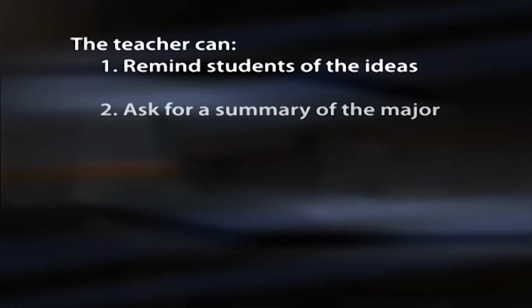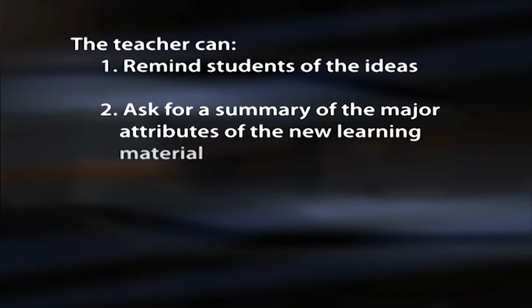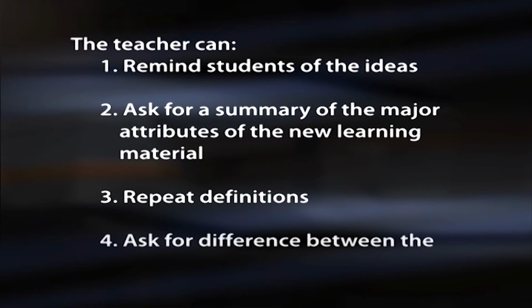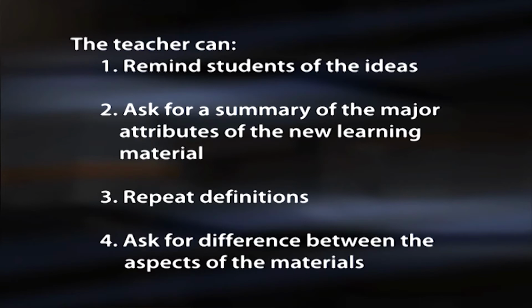The teacher can remind students of the ideas, ask for a summary of the major attributes of the new learning material, repeat definitions, and ask for the difference between the aspects of the material.